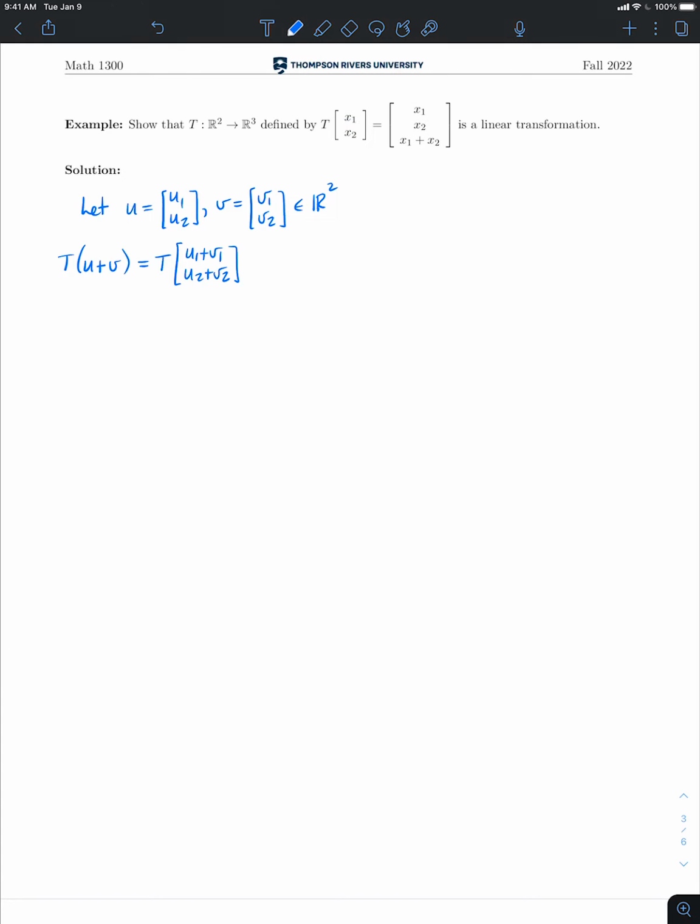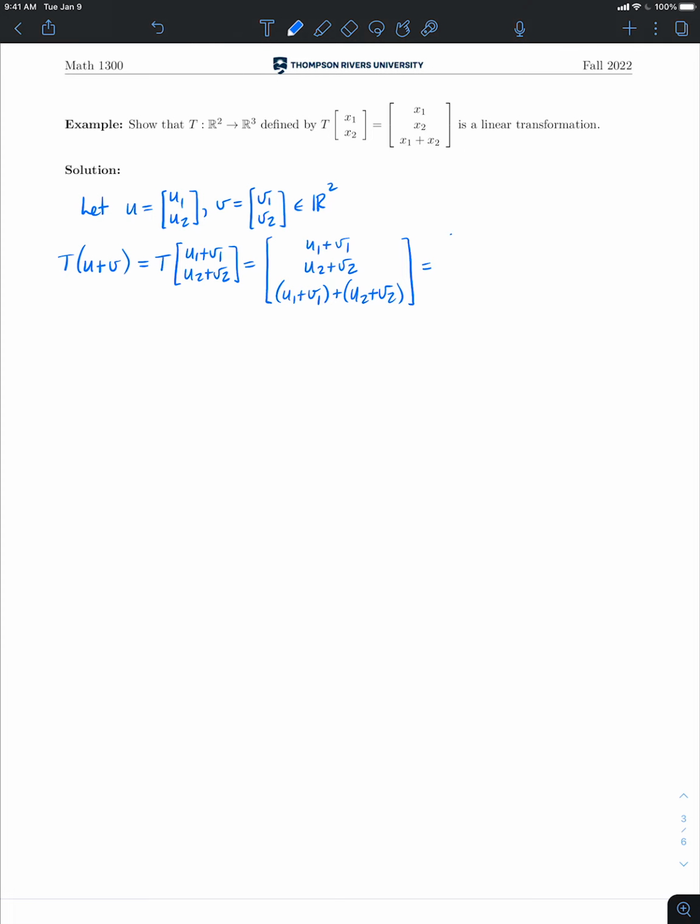So our output vector is going to look like the following. We'll have u1 plus v1 for the first coordinate, u2 plus v2 for the second coordinate, and then the sum of those two coordinates for the third coordinate. I still got the spacing wrong, so I'm going to fix it. All right, so that's t being applied.